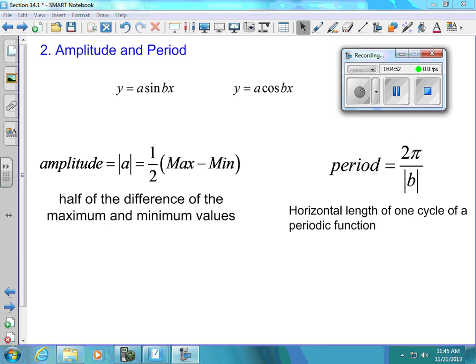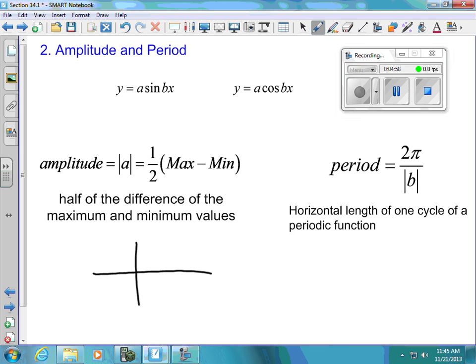So amplitude, that's the height of the wave, if you will. Here's a nice little sine function. The amplitude is the distance from the midline, as they call it, to the highest point or lowest point, the height of the wave.